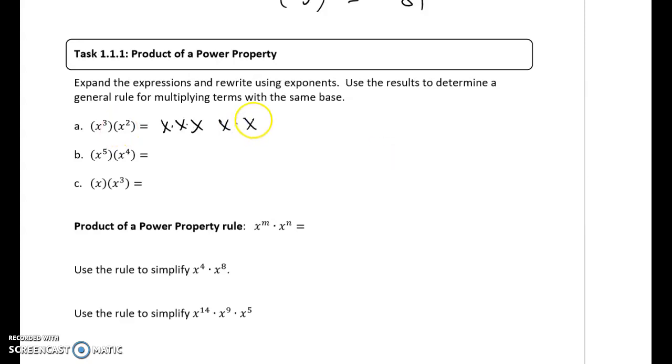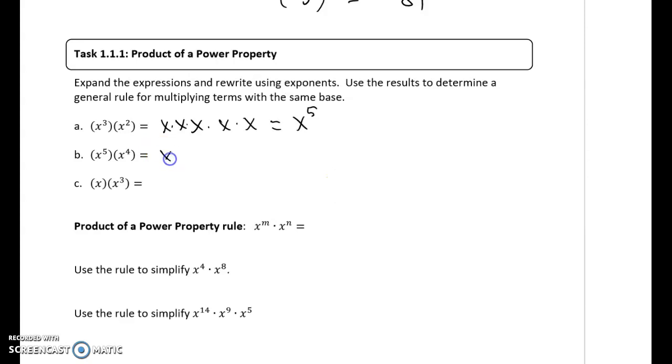So that's just x times x. And we're going to multiply those two things together. Okay, so now we're reevaluating what we have here. And we see that we have that same factor of x being multiplied times itself 5 times. So that we can go back and rewrite that as an exponential expression as x to the 5th.